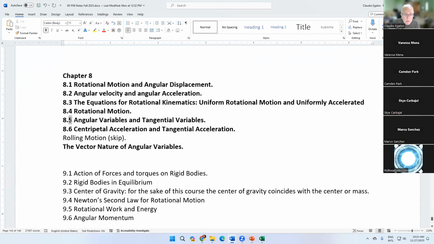Oh yeah, I put it in the wrong place. Okay, and if I'm accelerated rotational, here you go. That should be 1, 2, 3, 4, 5, 8.6, and 8.7.